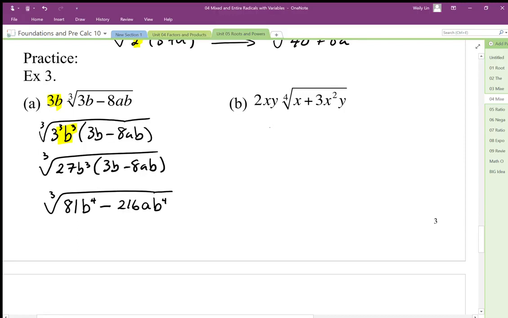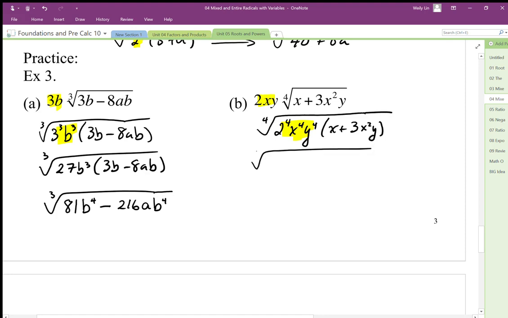So lastly here we can go from outside. The index is 4, so I have to power everything up by power 4. Okay, so there's my outside showing up inside. Okay, I can then apply that power.